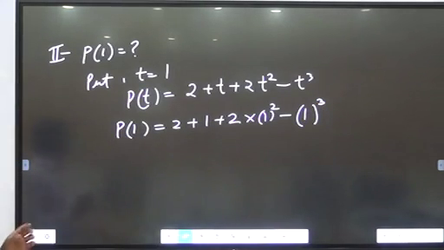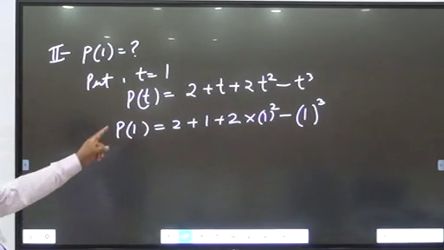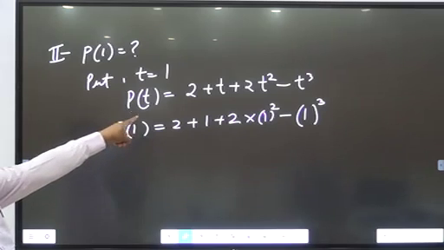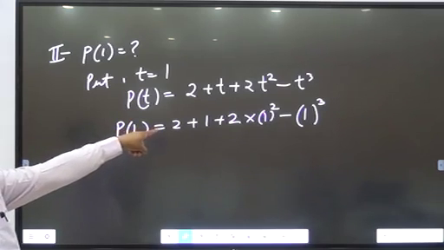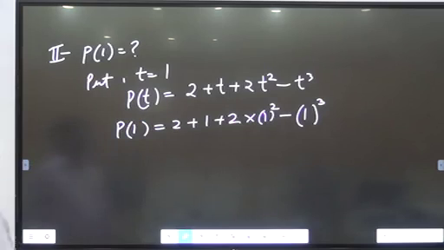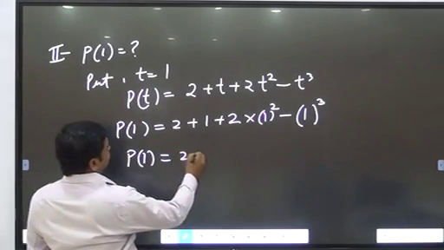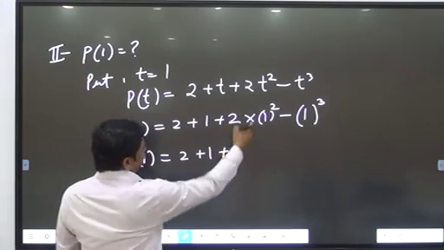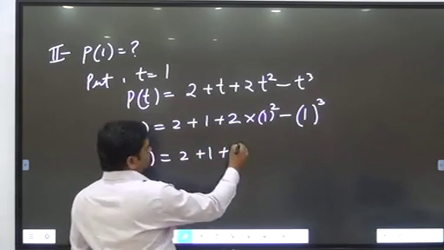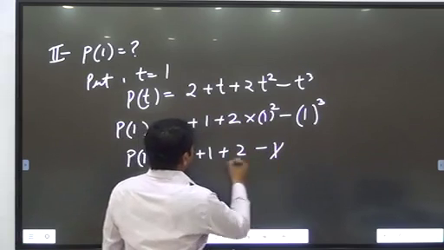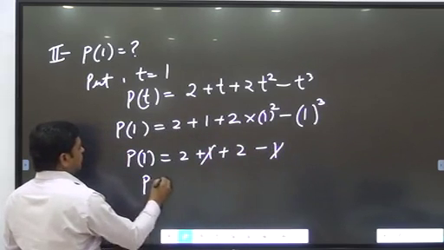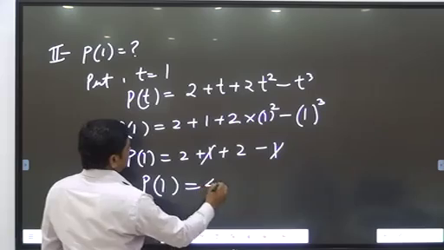Put 1 in place of t: 2 plus t means 1, 2 into t square means 1 square, and minus t cube means 1 cube. So p(1) is 2 plus 1 plus 2, since the square of 1 remains 1, and minus 1 plus 1 cancel, so p(1) is equal to 4.